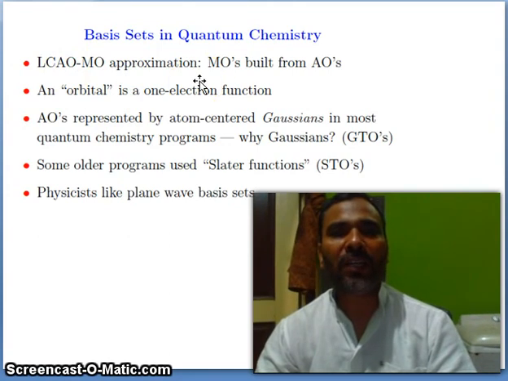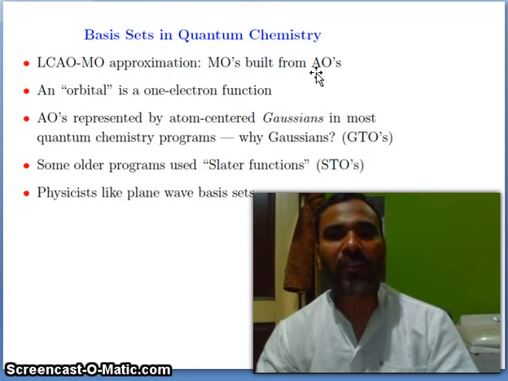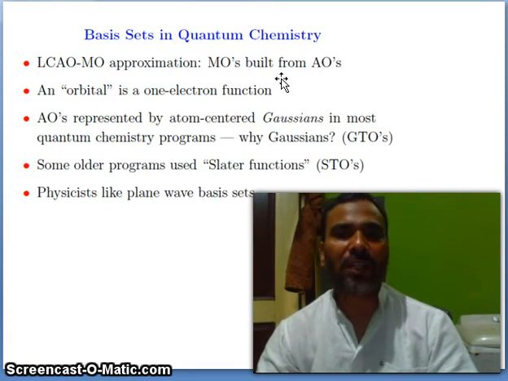Molecular orbitals are built from atomic orbitals. You learn this in the bonding chapter in chemistry. When two atomic orbitals combine, just like the formation of H2, one atomic orbital of one hydrogen and another atomic orbital of another hydrogen combine together, they form sigma and sigma star, which are the molecular orbitals.